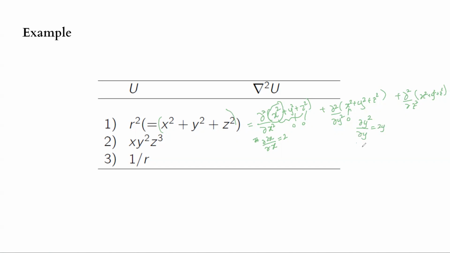We can take the derivative with respect to y first, which will be 2y, and then we take the derivative again with respect to y, and that will be 2. The same thing will happen in here also. It will result in a 2. So in that case, we are left with 2, 2 and another 2. So we have the total output as 6.